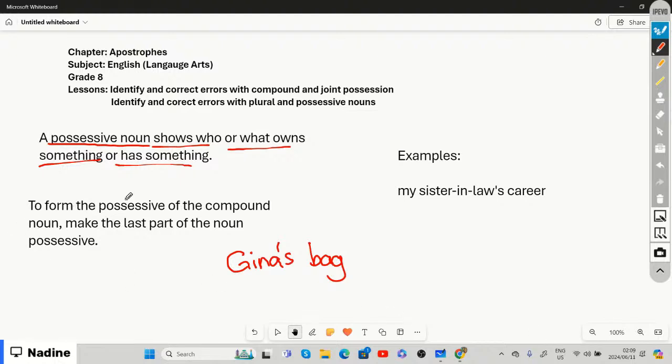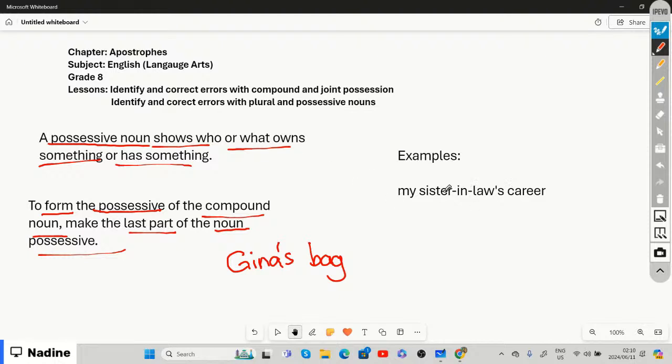And also, to form the possessive of a compound noun, we need to make the last part of the noun possessive. Remember, a compound noun is where we are joining words, and when we join words, the last word needs to have the apostrophe.